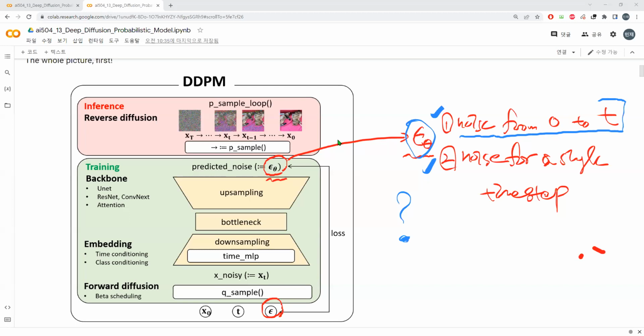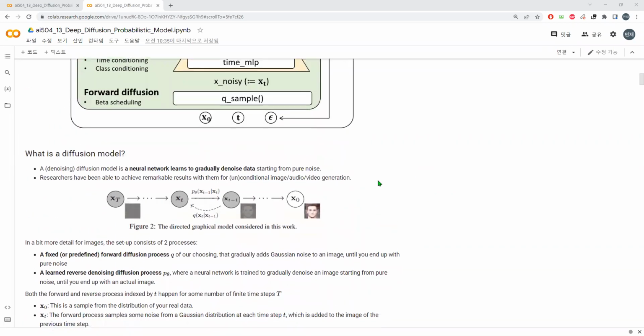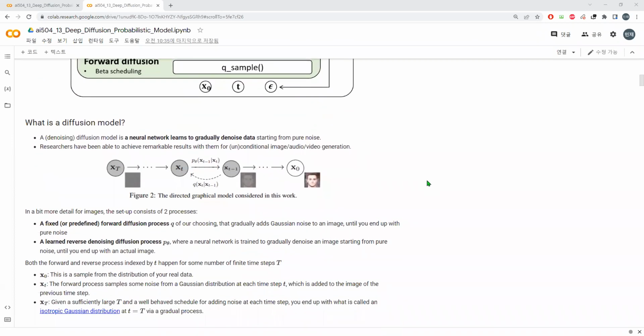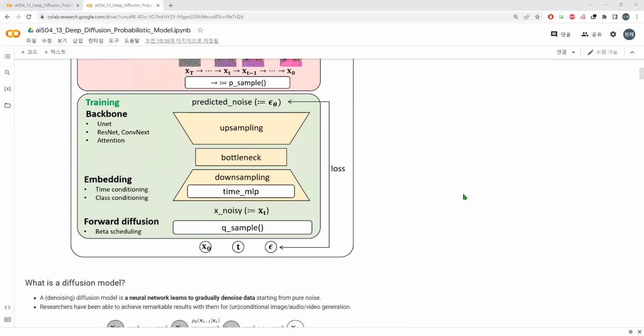No, actually it's not. The answer is 2. But it will become clear as you see the next part, so let's just move on.